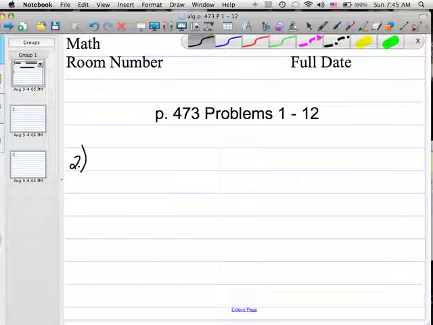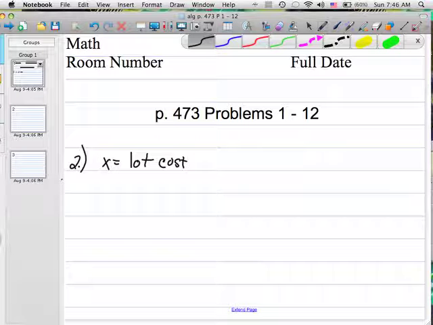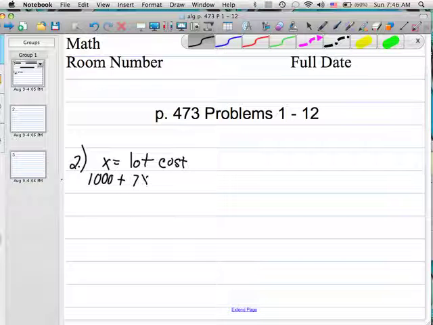It says a house and a lot together cost more than $89,000. The house costs $1,000 more than 7 times the cost of the lot. How much does the lot cost? So if we let x equal the lot, and we read the problem, you can see the house costs $1,000 more than 7 times the lot.